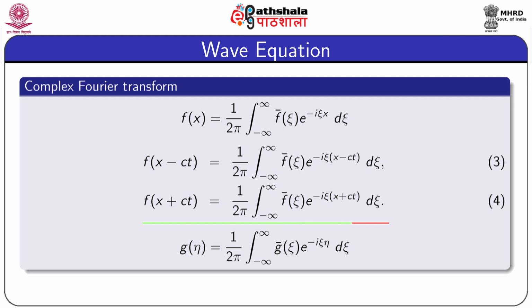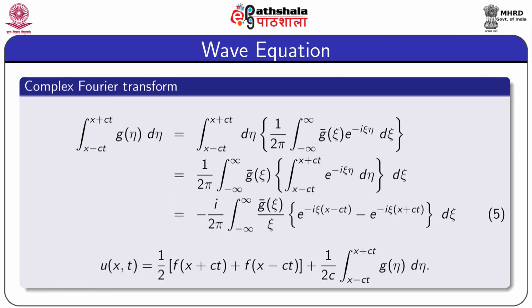The expression for f(x + ct) is given here, and we also have g(η), which is the inverse Fourier transform of ḡ. So g(η) equals 1/2π integral from minus infinity to plus infinity of ḡ(ξ) e^(−iξη) dξ.